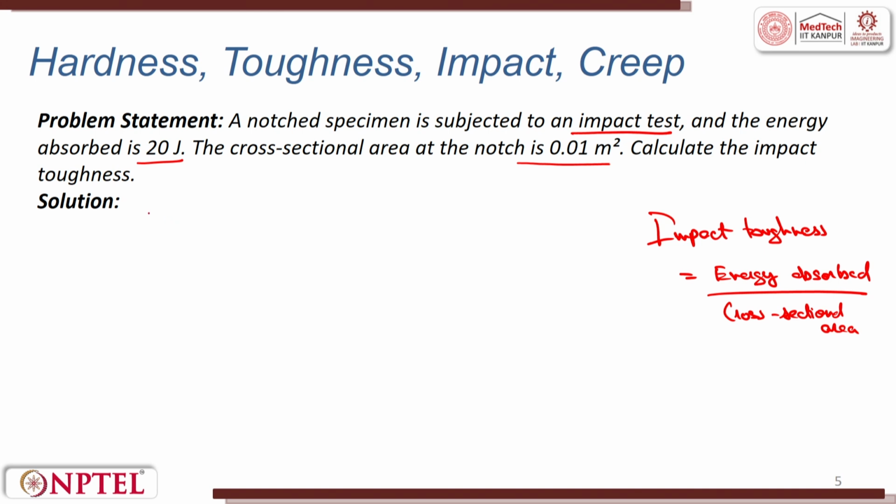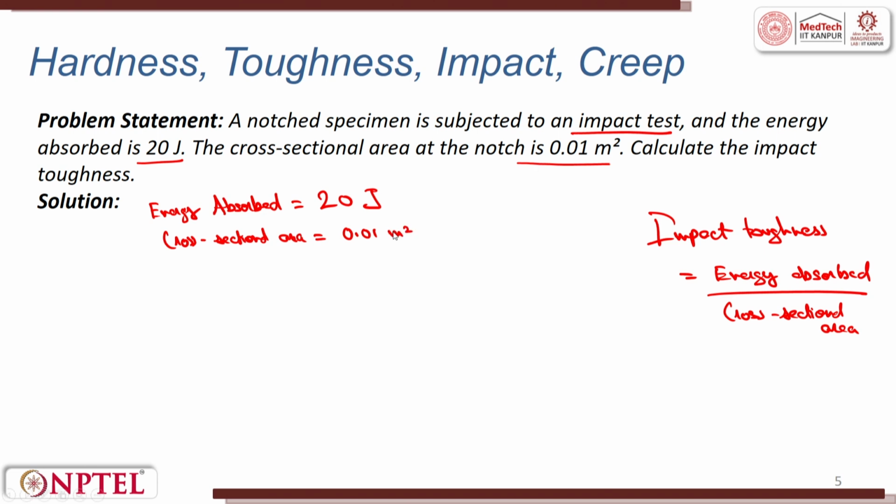We have been given the energy absorbed is equal to 20 joules, and the cross-sectional area is equal to 0.01 meter square.